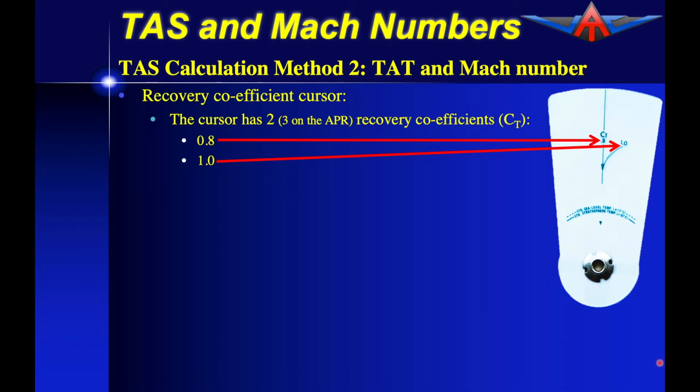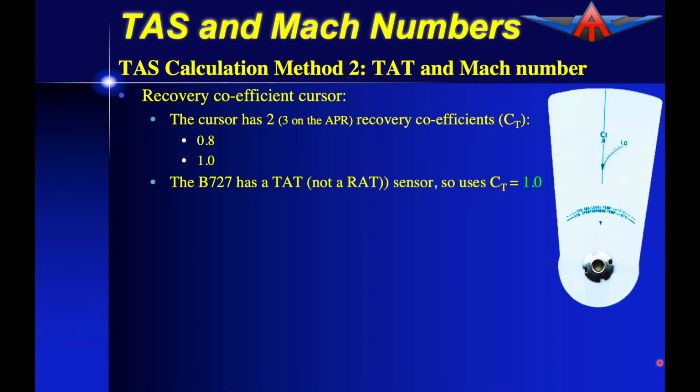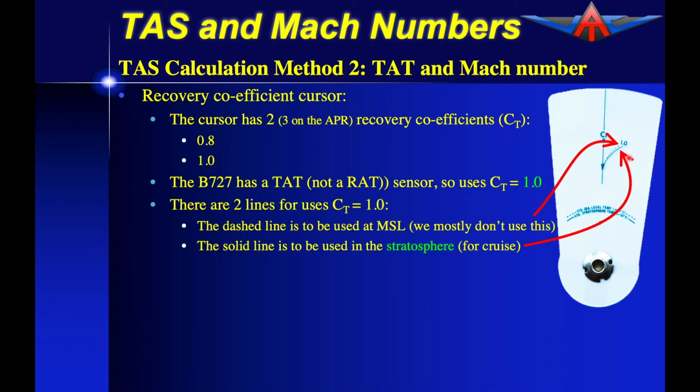The curved line represents the recovery coefficient of 1.0. The Boeing 727 has a total air temperature, so the recovery coefficient is 1, so we're going to be using this curved line. You'll notice that there are two curves. The dashed line is to be used at sea level, whereas the solid line is to be used in the stratosphere. We only ever use the solid line.